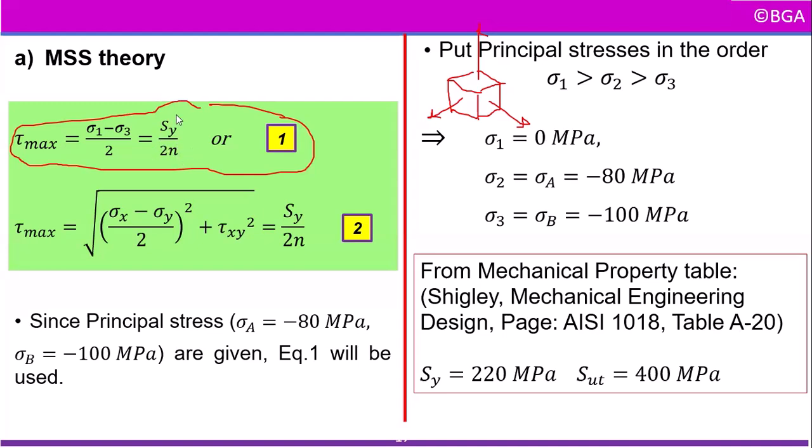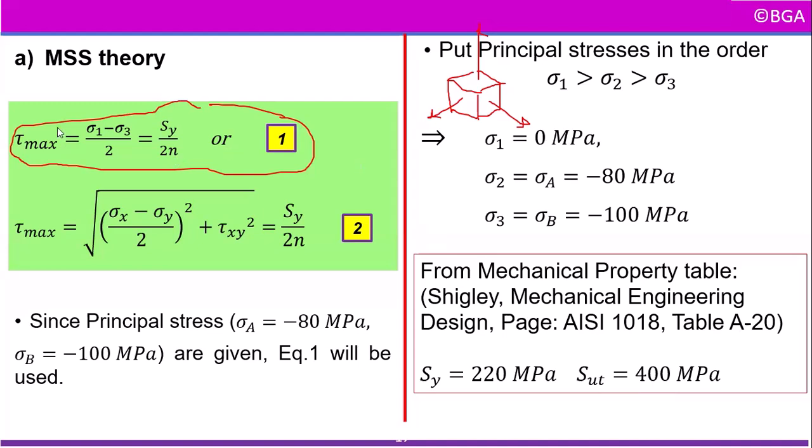Notice that here the only unknown in equation 1 is Sy, but Sy is given indirectly because the material is already specified. Using AISI 1018, we can read the mechanical property table and find Sy to be 220 megapascal and the ultimate stress to be 400 megapascal. Now every value in this equation is known except the factor of safety, n.